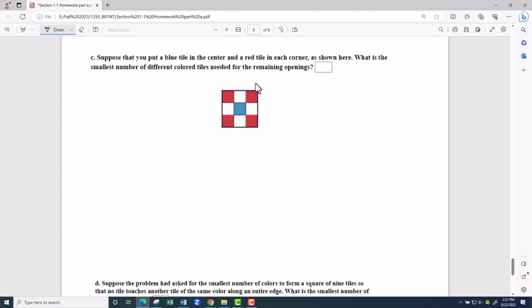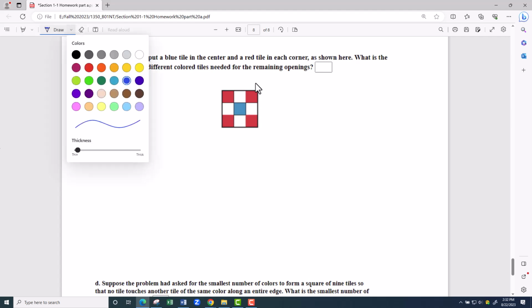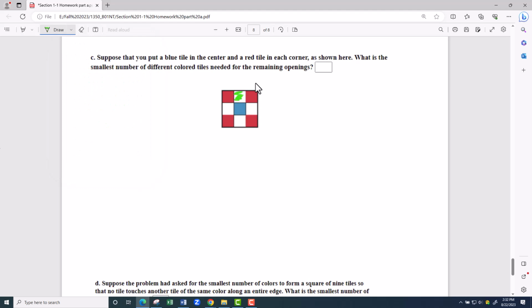So remember, if I put the same color in these 2, they're touching right here. And so I can't use the same color there. That would mean I would have to use a green here and let's say a yellow or something.